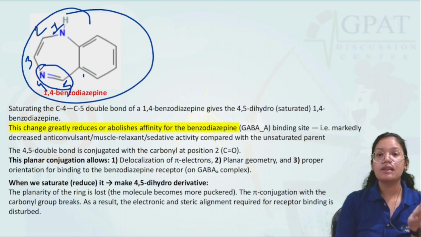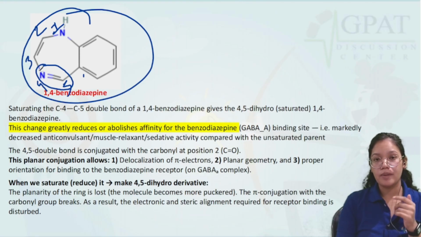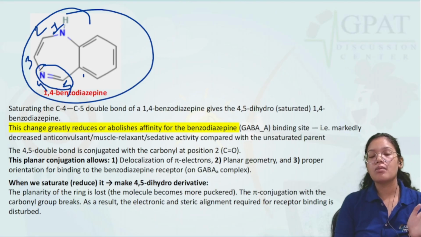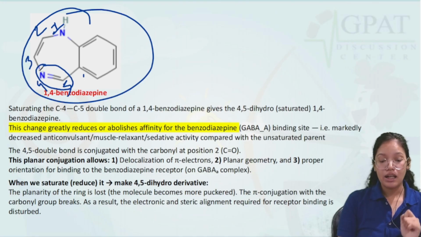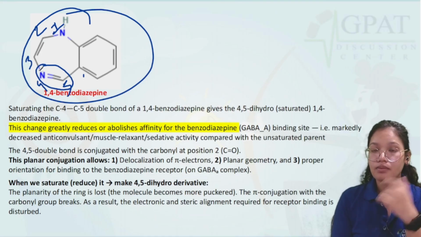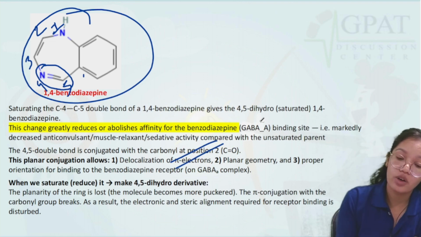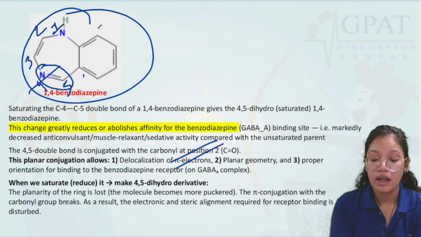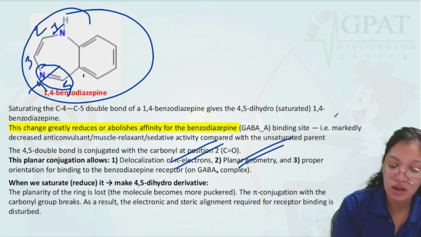Basically this particular double bond is very important for its activity. Removing this double bond will result in a reduction in the activity. This double bond is responsible for the delocalization of pi electrons in the nucleus. The planar geometry of this ring is also due to the double bond.